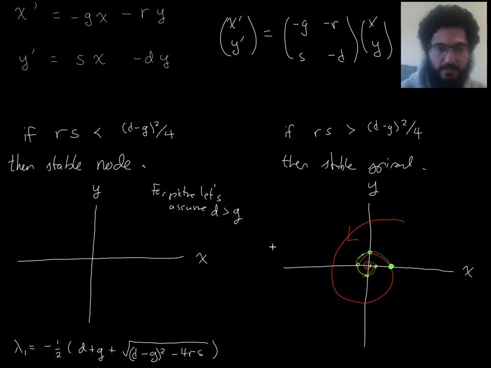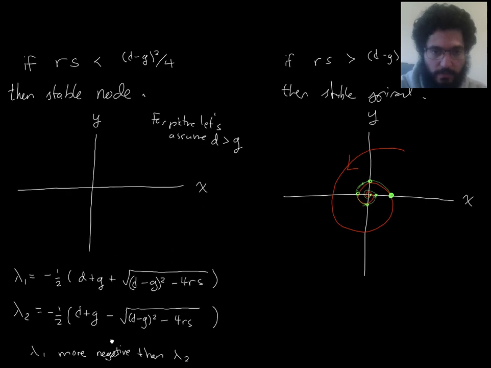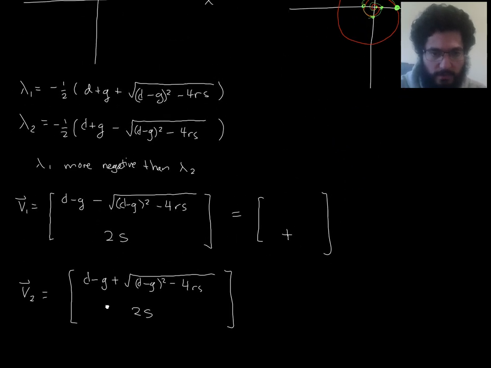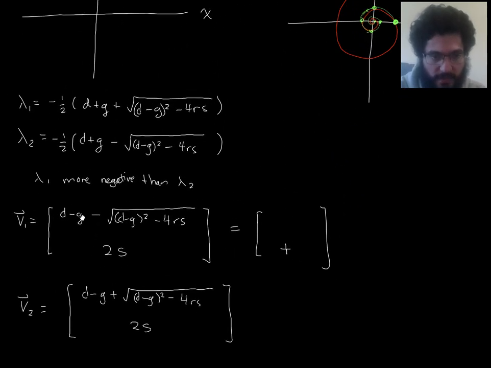So d is bigger than g, let's assume. Then this is negative, and I'm subtracting something from it, so this is negative.